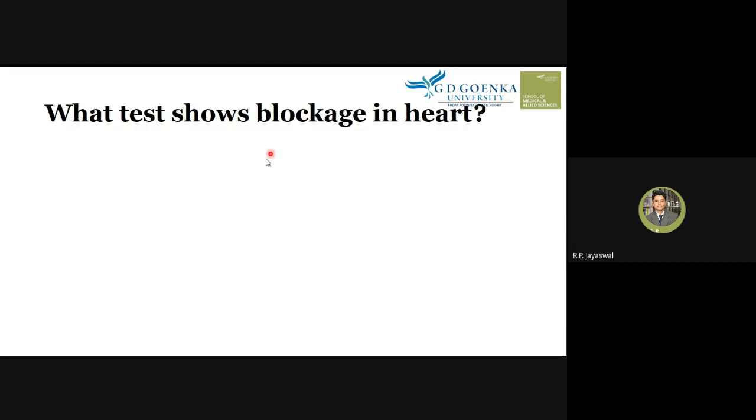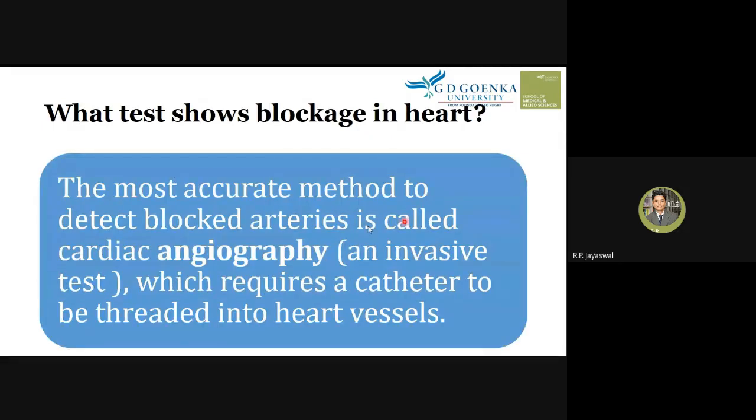What tests show blockage in the heart? If there is a blockage in the artery of the heart, which test is suitable and can suggest the blockage? The most accurate method to detect blocked arteries is called cardiac angiography, which is an invasive test and requires a catheter to be threaded into the heart vessels.